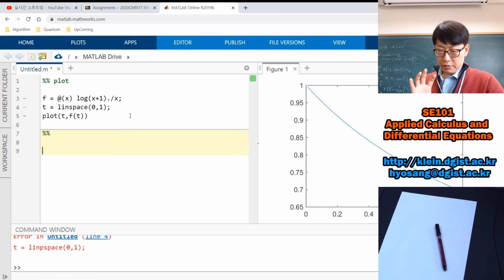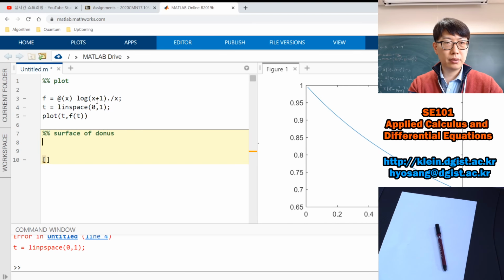When you make a 3D object, a surface plot, you have to take two variables to graph it as a two-dimensional surface in 3D space. So let's say I want to draw the graph of a donut, the surface of a donut.